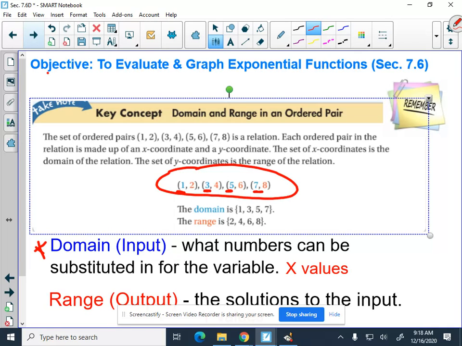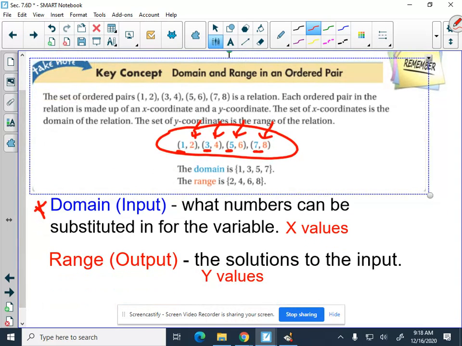Those are the only possible x values we see. The y values are the range. They're what comes out of the function. In this case, what came out are the numbers in red: 2, 4, 6, and 8. That is the range, the solutions to the input, what you got when you put those numbers in. So otherwise known as the y values, domain and range.